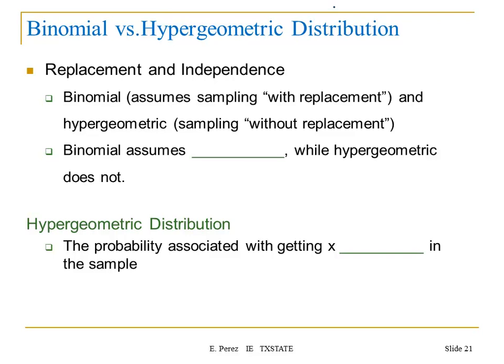But for the hypergeometric, our analysis is going to be based only on the sample that we get from the population. So the binomial assumes independence, while the hypergeometric does not. So in the hypergeometric distribution, the probability is associated with getting X successes in the sample. And you're going to see this more clearly on the next slide.